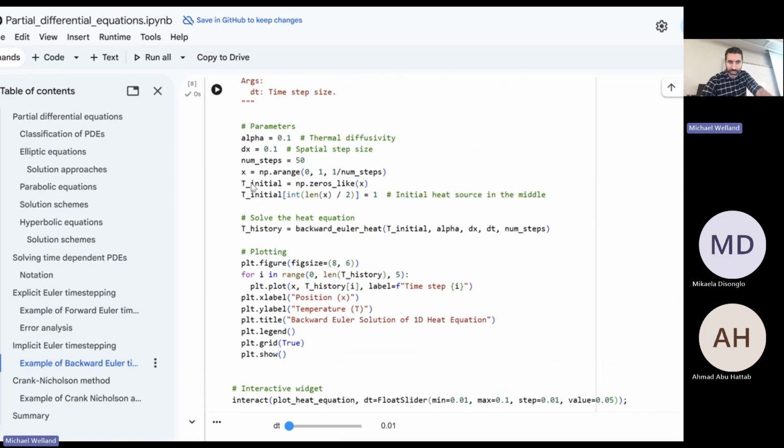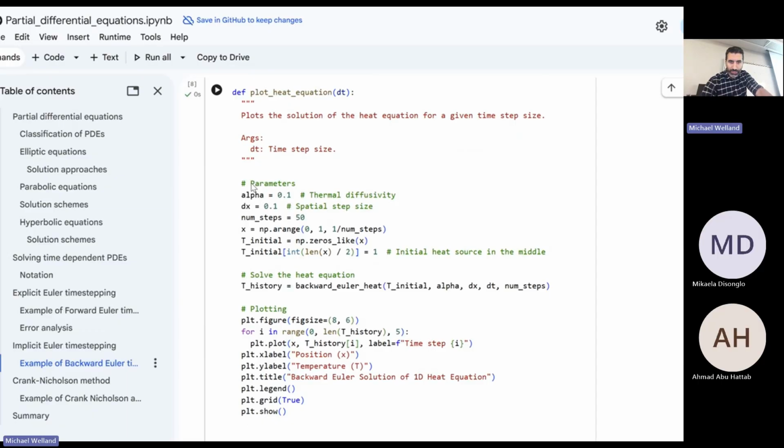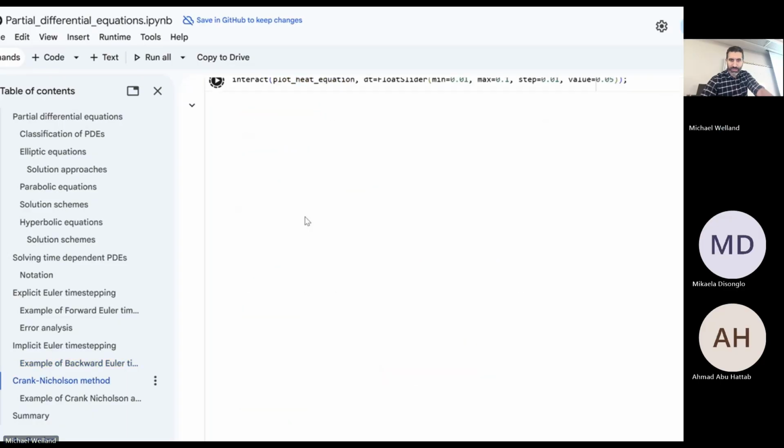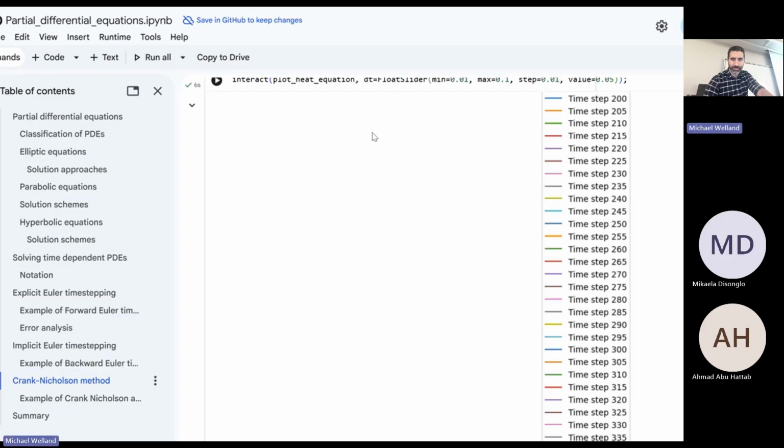Let's see if we can change. I don't like doing live demos, but let's try and find it anyway. Spatial step size. Let's make it super small and make the number of steps like that. Oh, I think I just, oh, yeah, that's going to be messy.